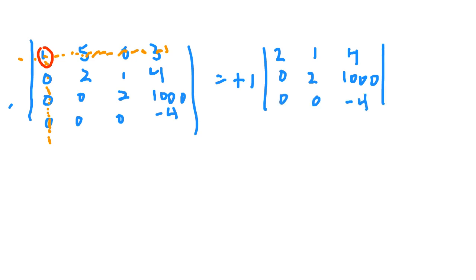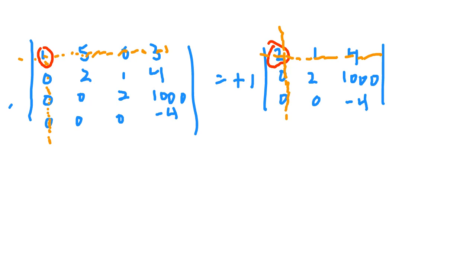Now, what column should we expand along for the 3x3 determinant? First column, I agree, Bellin. So here we go again. I'll circle the 2, and 2 is in the first row, first column, so I'll block off the first row, first column.